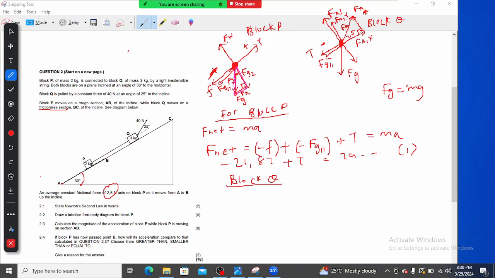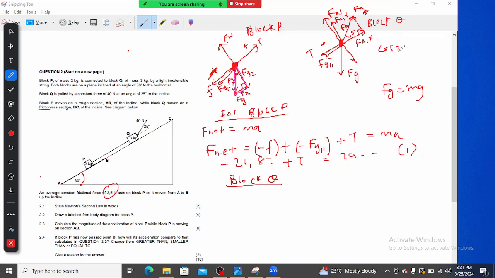And you can see that I have my FAX, so I can use the trig ratio to find FAX, because this is the only force that is parallel to the surface. As I said, when you're calculating the net force, we use the forces that are parallel to the surface.